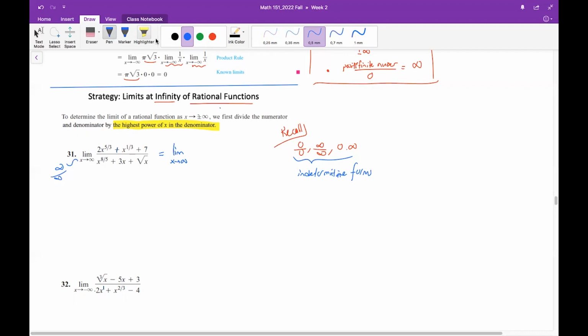Look at the powers of the polynomials here, 5 over 3 and 8 over 5. So 8 over 5 is the biggest power, so we should take out the parentheses according to 8 over 5 here. So what do we obtain?